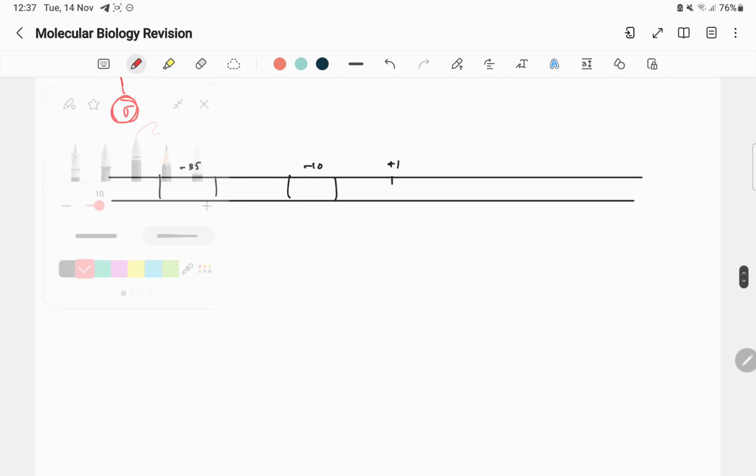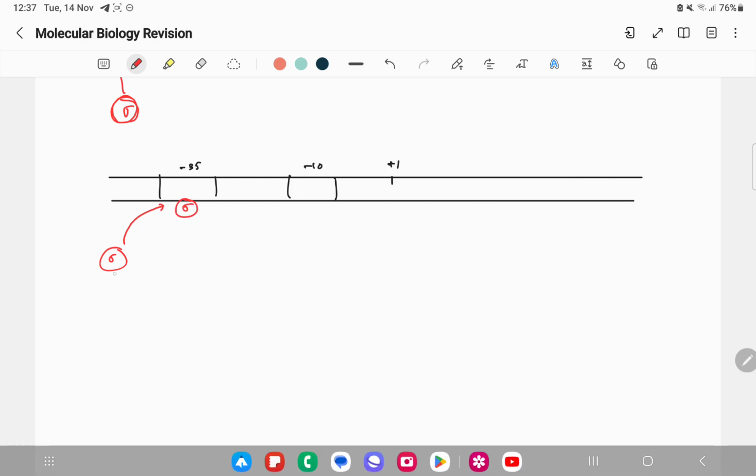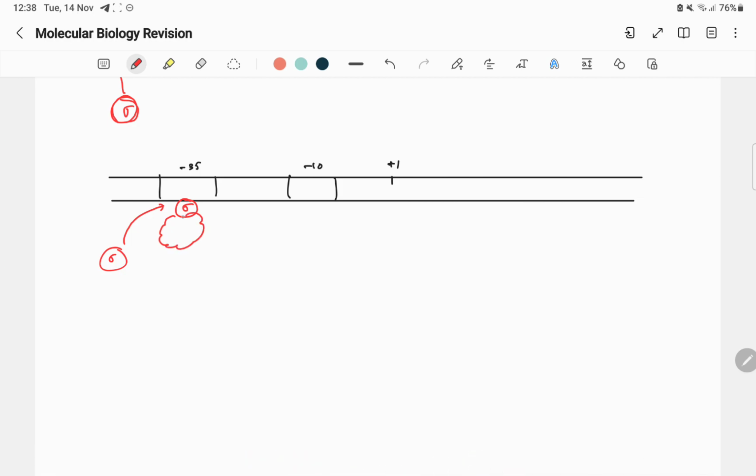First the sigma factor scans the DNA and binds at -35, and along with it the core enzyme, CE, binds. It forms a closed complex. This is the formation of the closed complex.